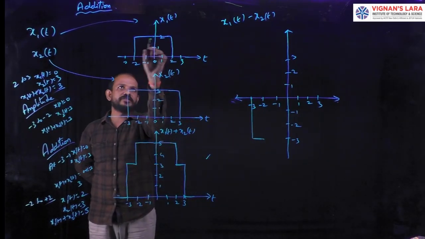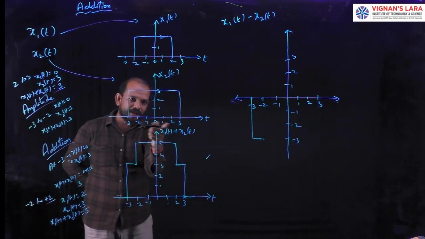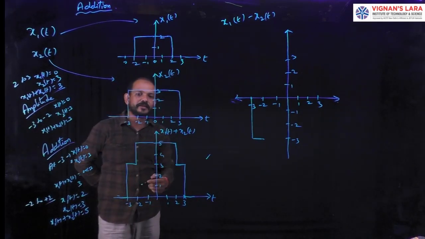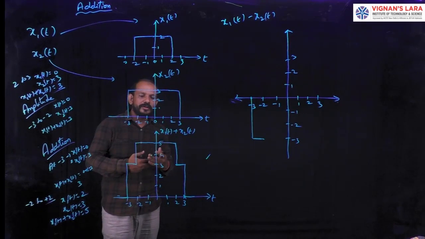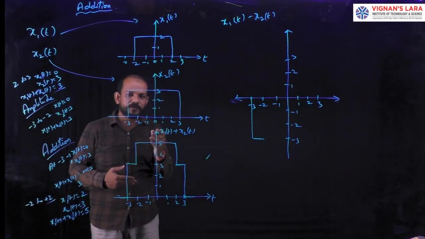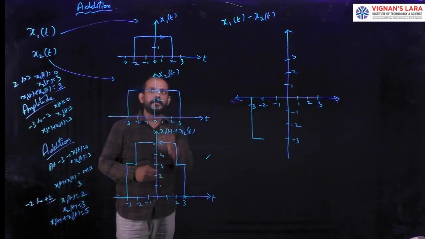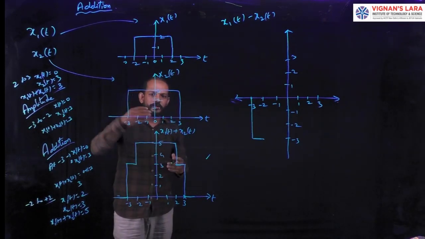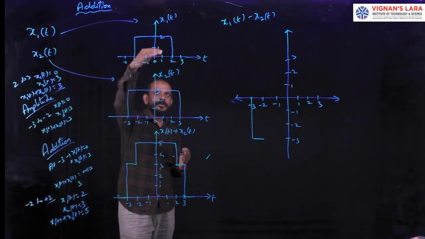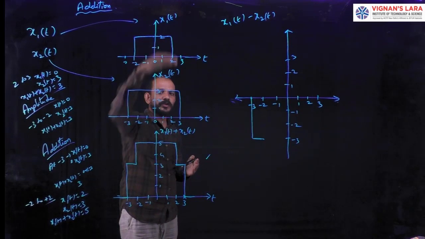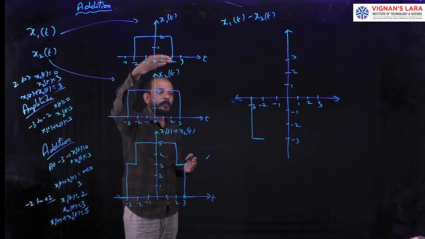Next, from minus 2 to plus 2. This value is 2 and this value is 3. So x1 of t is 2 and x2 of t is 3.